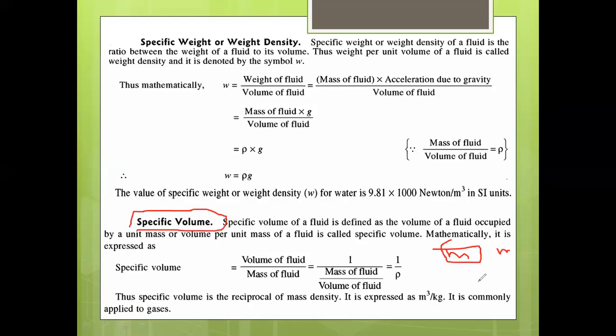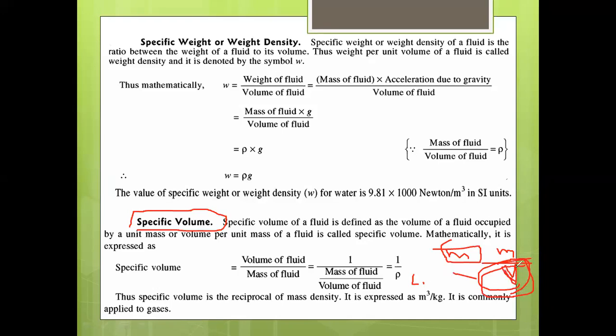The reason is that in the case of mass density, mass upon volume, the volume of liquids is unchanged, or we can say liquids are incompressible in nature, so the denominator value will remain constant. That is why this property is used for liquids.